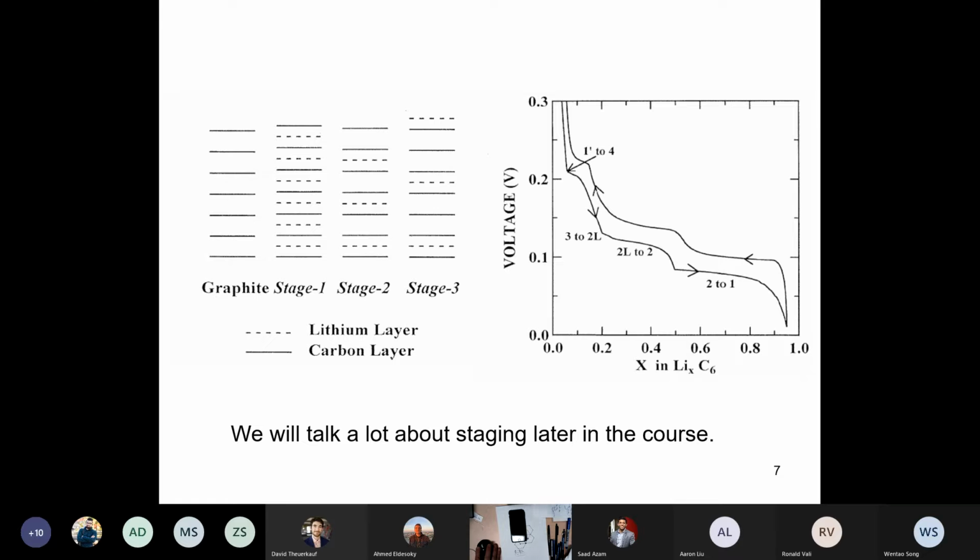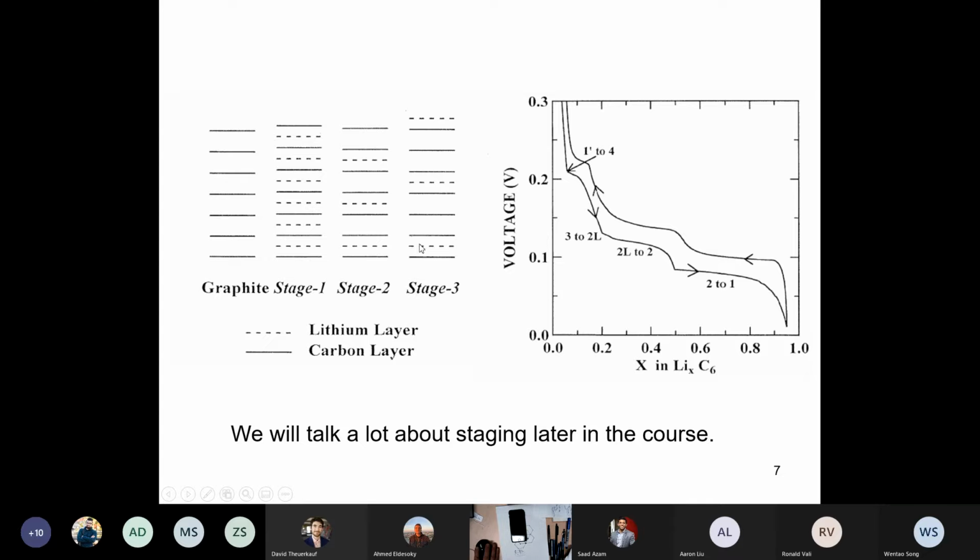What is stage 4? I don't have stage 4 shown on the diagram, but I'll explain what a staged phase is. Stage 3 is there's a full lithium layer between two carbon sheets, then two empty ones, and then a full one, and then two empty ones. So every third interlayer space is full of lithium.